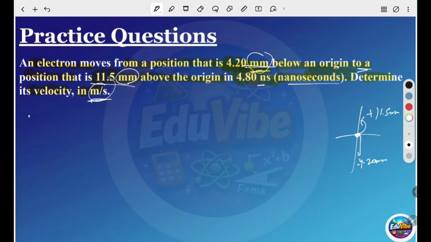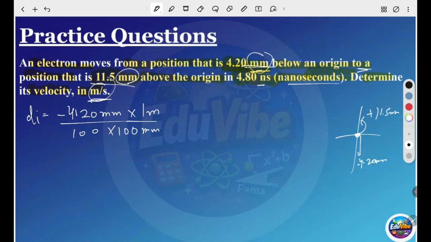So in that case, we have di equal to minus 4.20 mm. We have to convert this into meters. We know that 1 meter is equal to 1000 mm. When we cancel the mm and calculate, we get about minus 0.0042 meters.